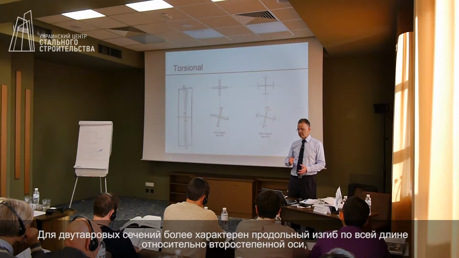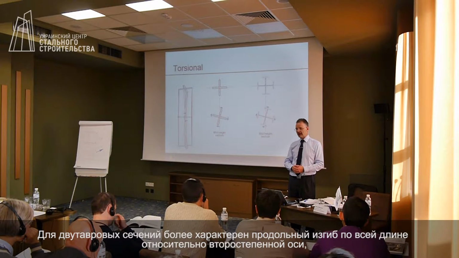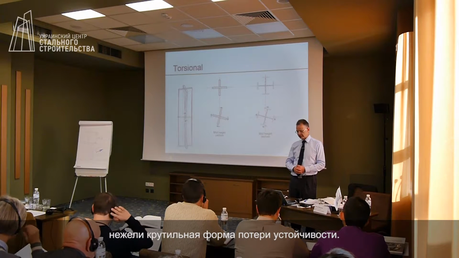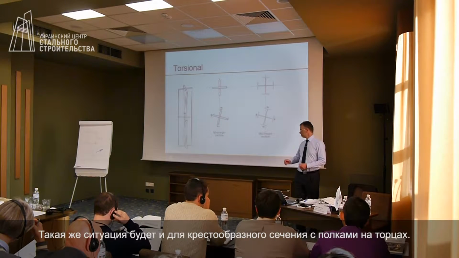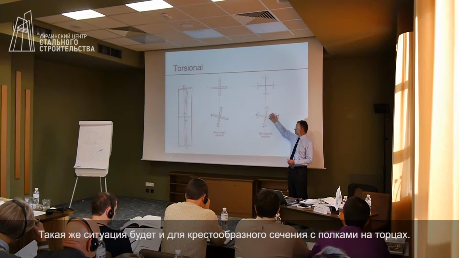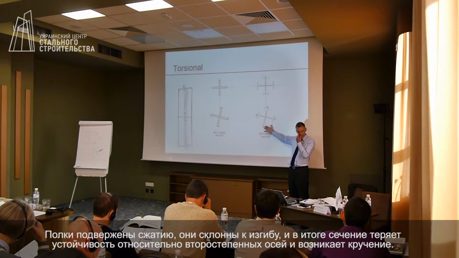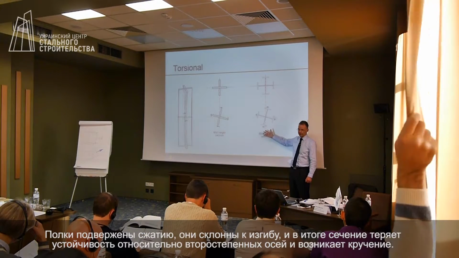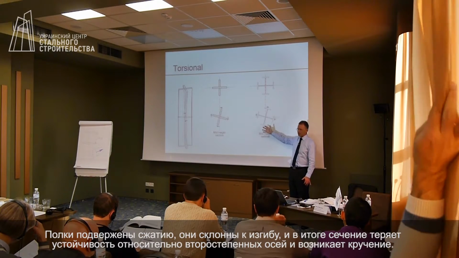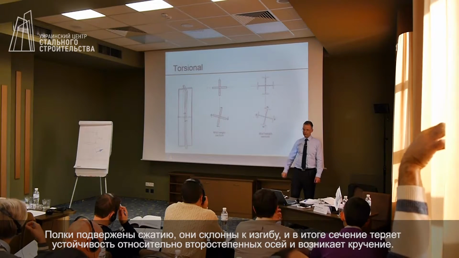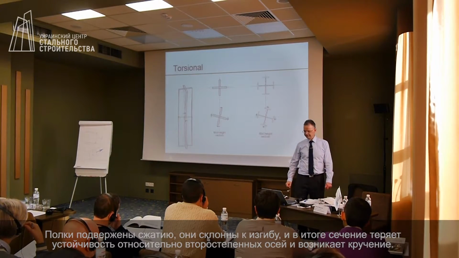It will always be minor axis buckling for I sections of a given length rather than torsional buckling. You would get the same effect if it were a cruciform section with flanges. The flanges are subject to compression, they wish to buckle. Eventually they will buckle in the minor axis direction and you get this twisting behaviour.